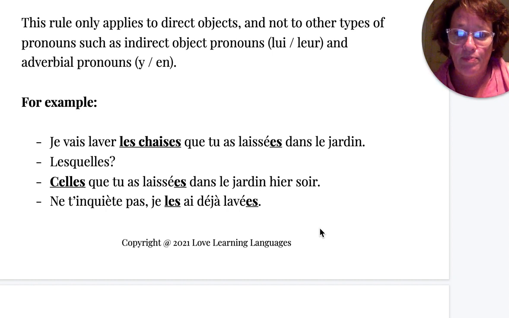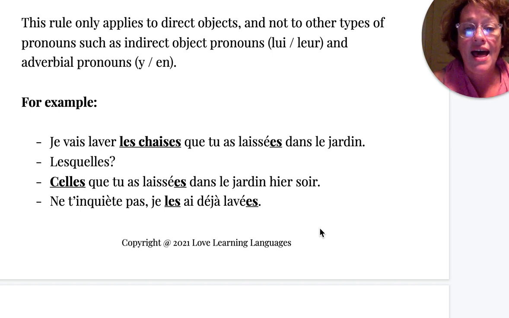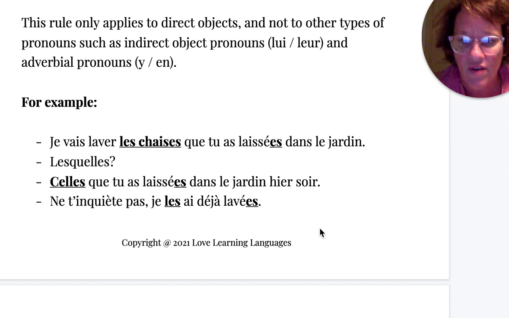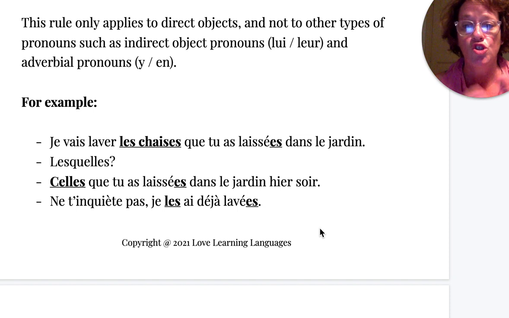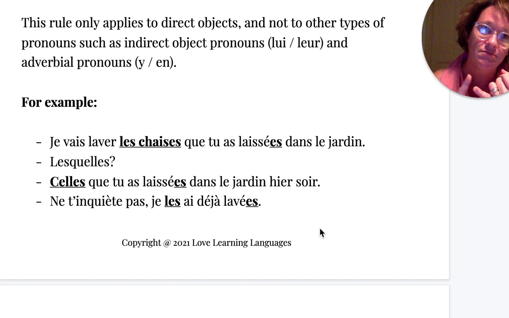Ne t'inquiète pas, don't worry, je les ai déjà lavés. Don't worry, ne t'inquiète pas, leaving the S off of inquiète because this is a command in the tu form and it's an ER verb, right? Je les, so les, of course those are again les chaises, feminine, plural.